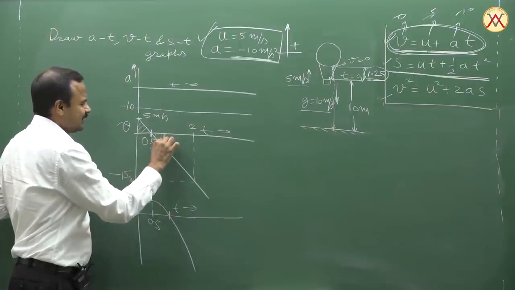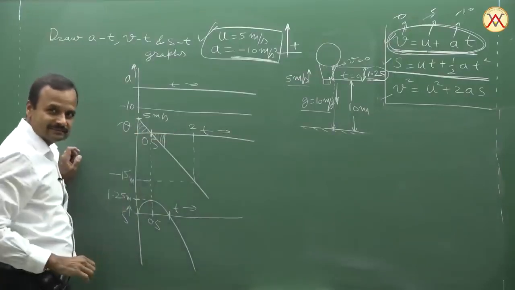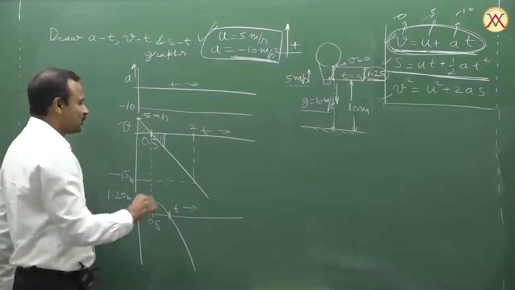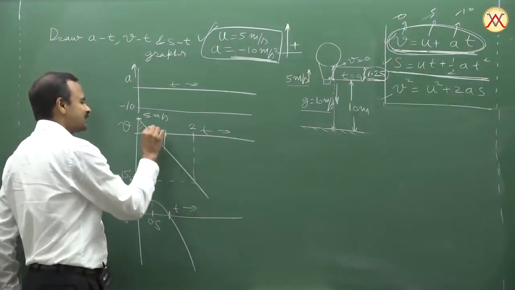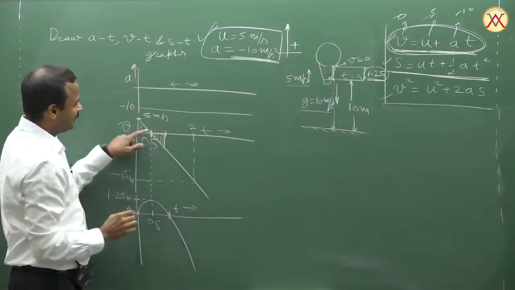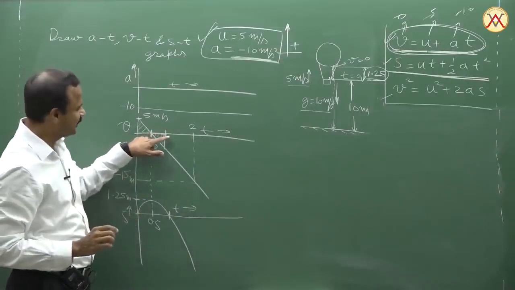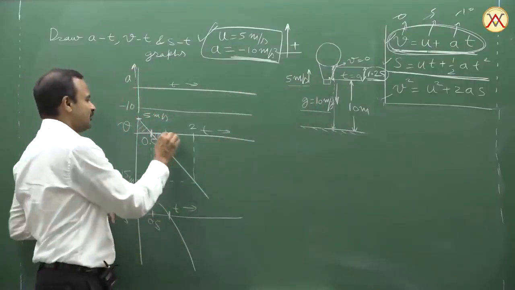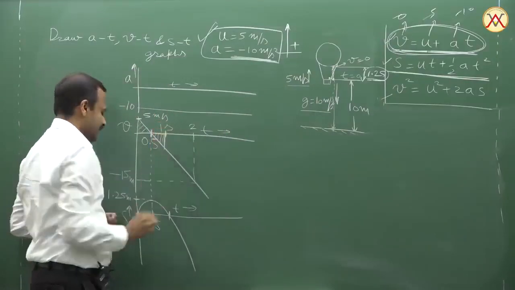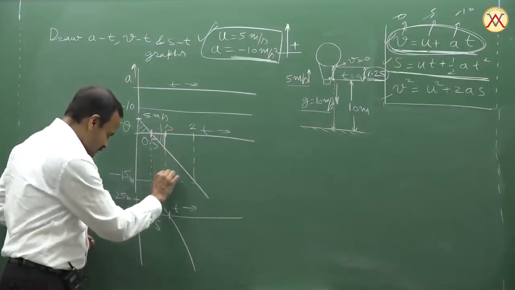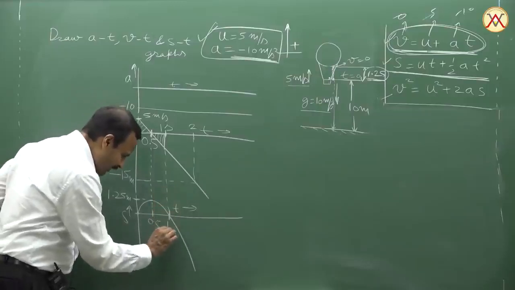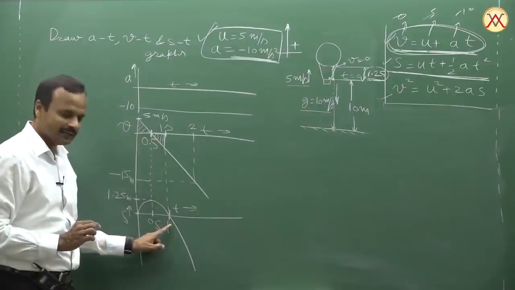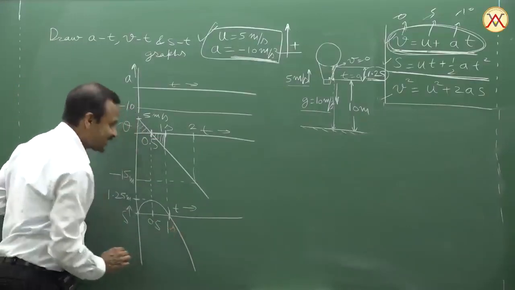You can see that these are similar triangles, and we want their areas to be of equal magnitude. So obviously the time from the instant when it is at the highest point to the point when it reaches back the same point will be the same duration of 0.5 seconds. So in all it becomes 1 second. At 1 second, this point corresponds to this one here, where displacement is 0. Positive displacement compensated by negative displacement. Here it is at t equal to 1 second.